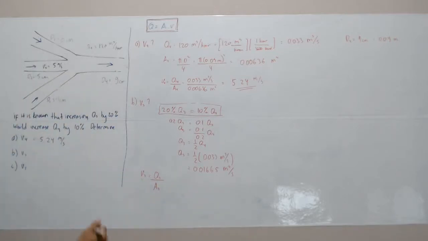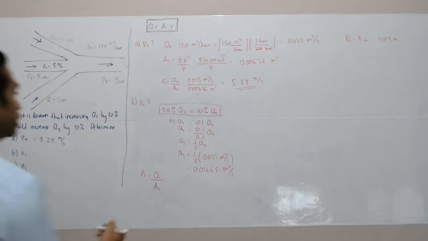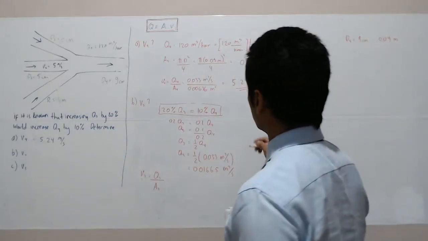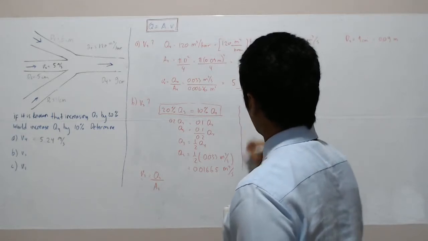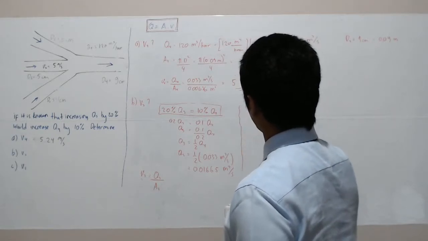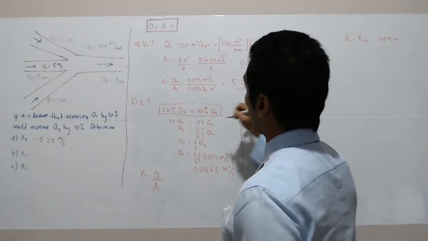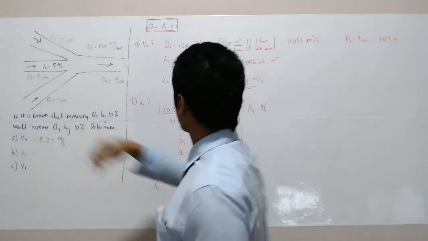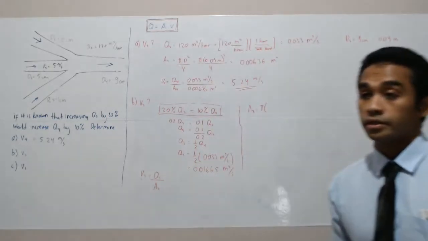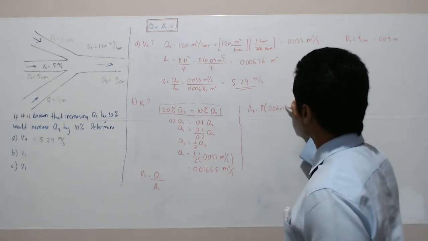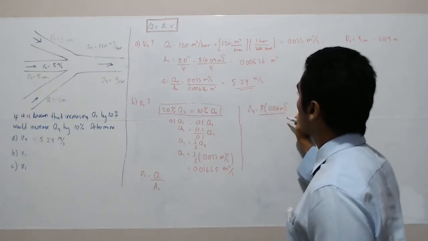Oh, we haven't calculated the area of the third pipe. So the area of the third pipe is pi times 6 centimeters, 6 centimeters is equal to 0.06 meter, squared over 4.